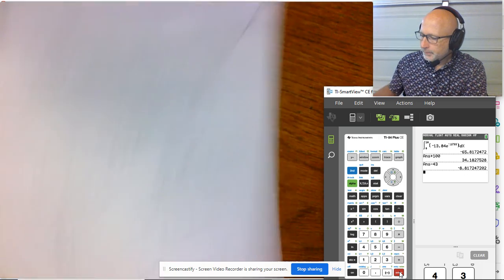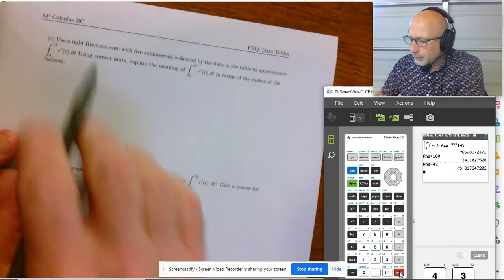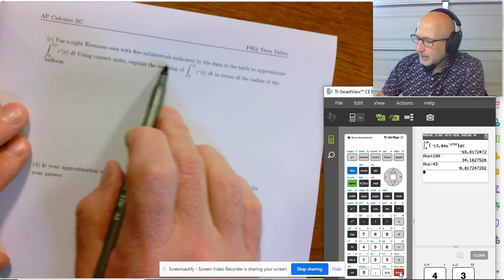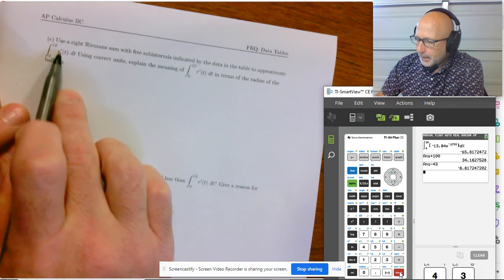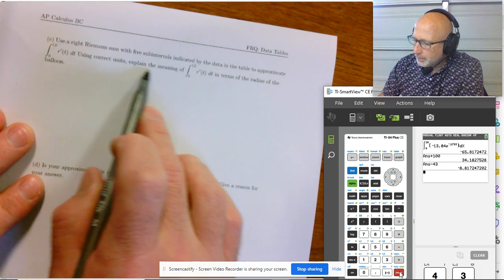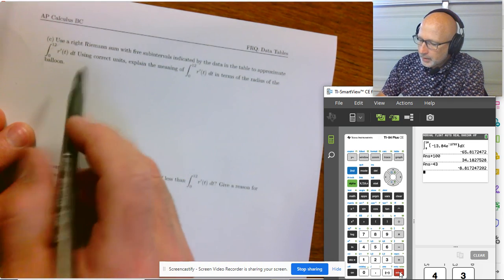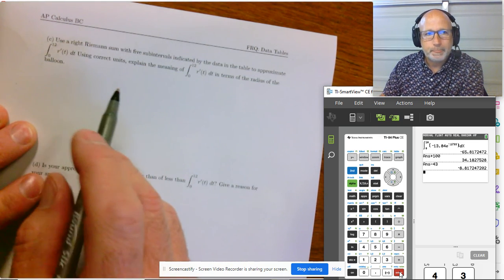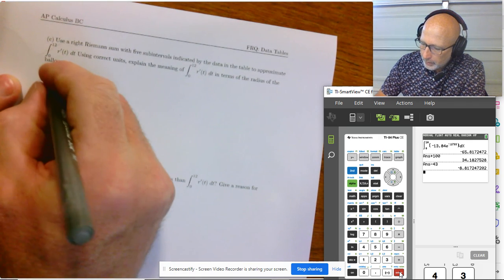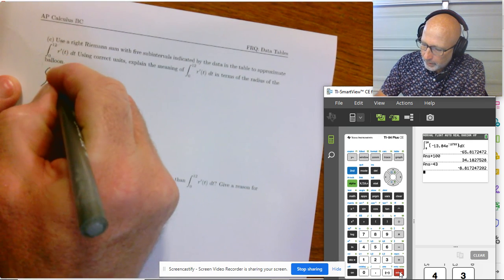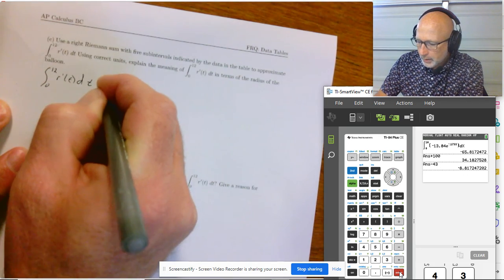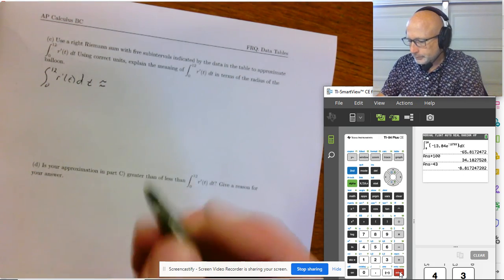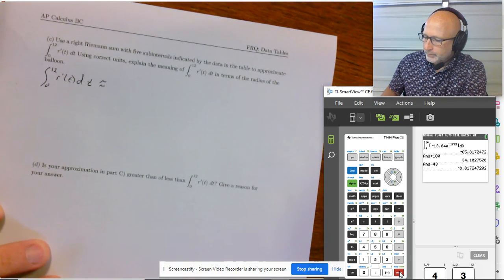Okay, C. Use a right Riemann sum with 5 subintervals indicated by the data in the table to approximate what this would be. Using correct units, explain the meaning of this in terms of the problem. Okay, so write the Riemann sum this time. So the integral from 0 to 12 of r prime of t dt is going to be approximately equal to, okay, so it's a right Riemann sum with 5 subintervals.